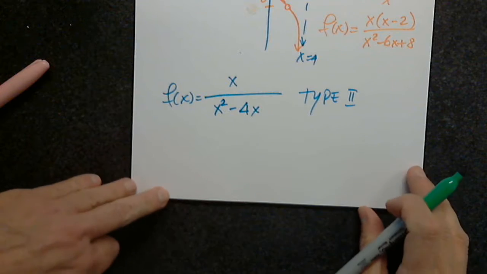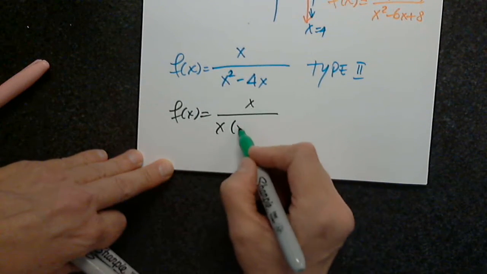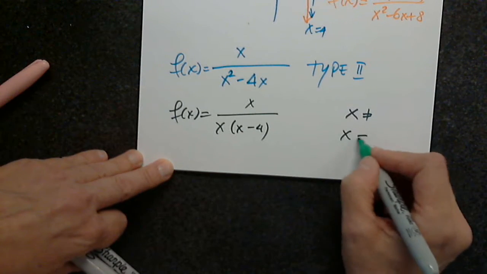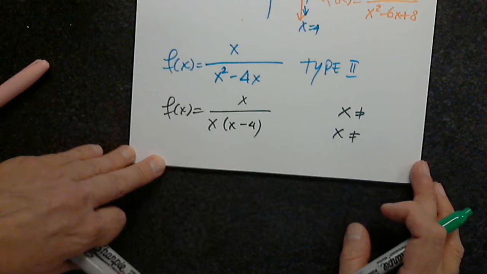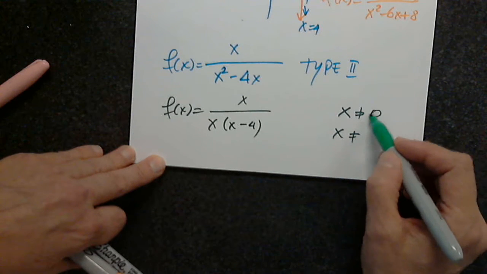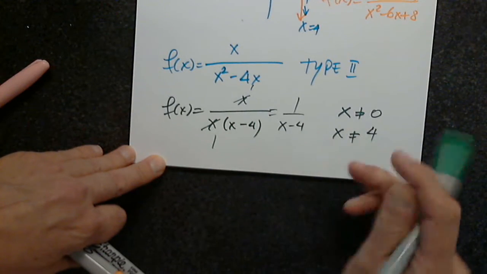Ready? Of course, I will have to factor out x. I'm not allowed to simplify before I state 2 restrictions, and they are 0 and 4. Now I'm allowed to simplify, and I get this.